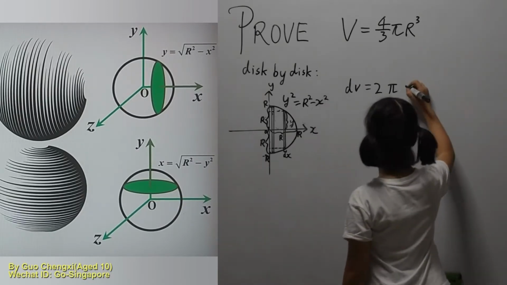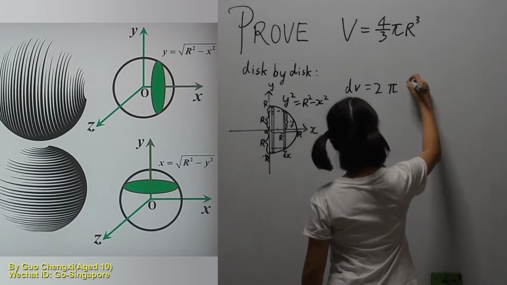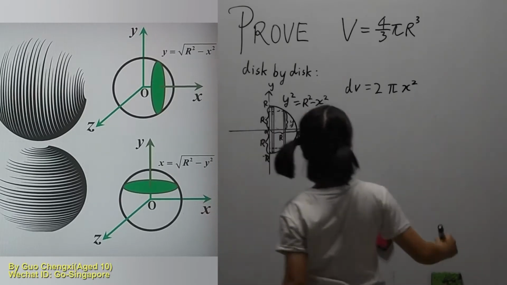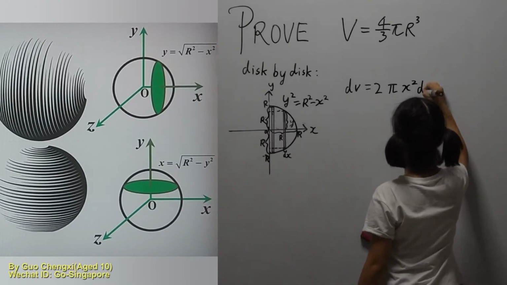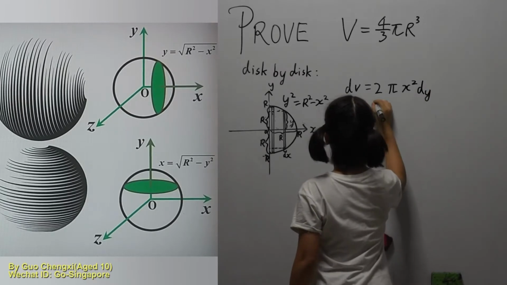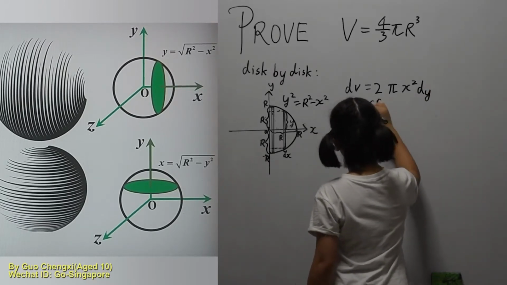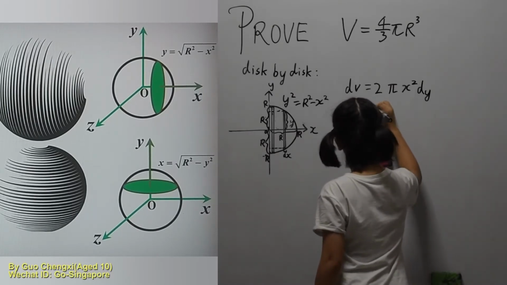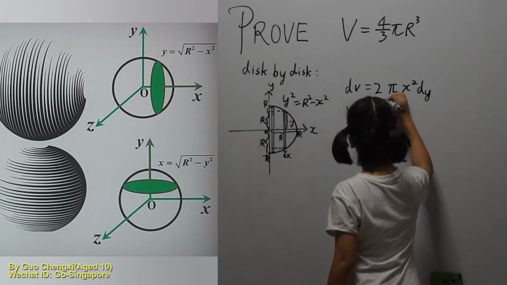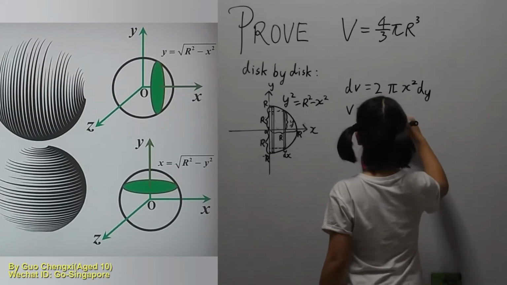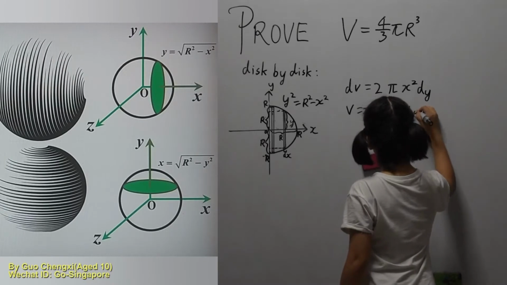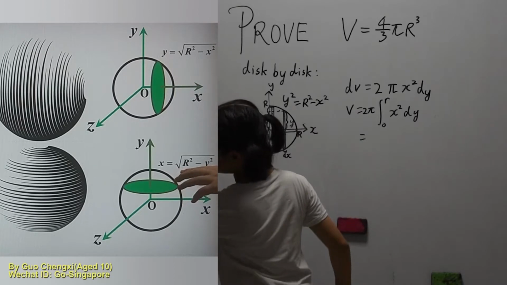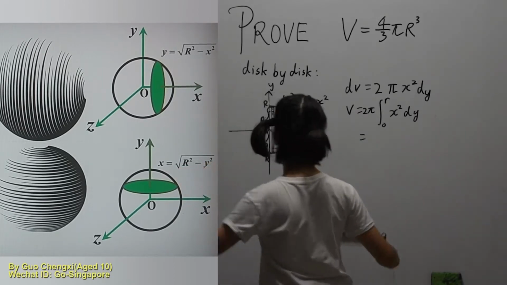Okay, so over here for this part, it will become like this, where it will be 2 pi x squared dy, and v will equal to integral from 0 to r, 2 pi, and when it's like this, you have x equals to square root of r squared minus y squared.